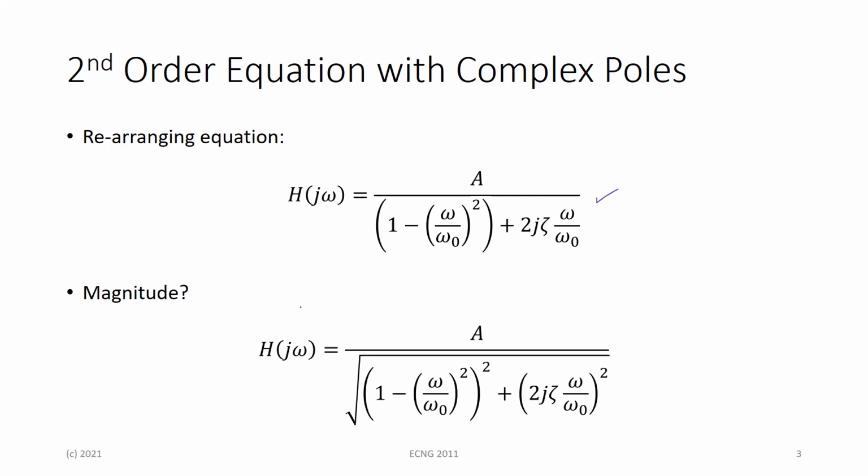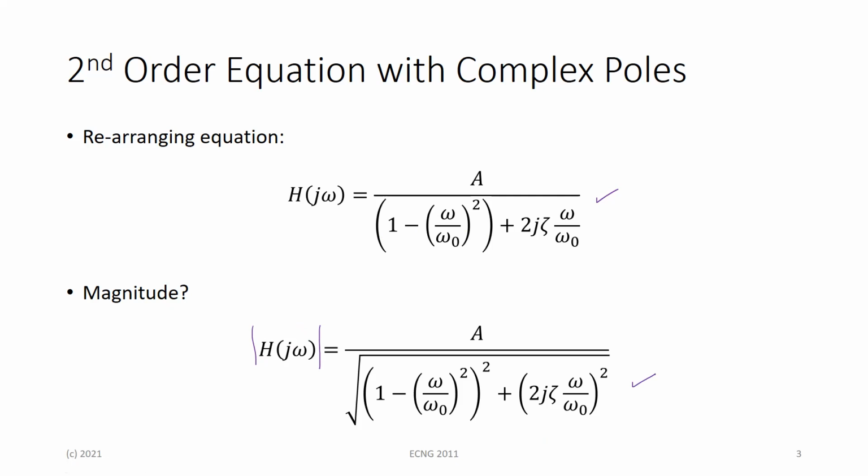What is the magnitude of this? It really should have had a magnitude sign here. The magnitude of a complex number is just the square root of the real and the imaginary part squared, right? So the magnitude response of this second order system will be something looking like that.